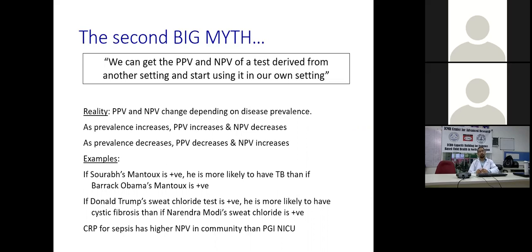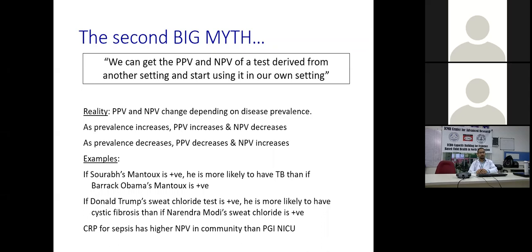If Donald Trump's sweat chloride is positive, he is more likely to have cystic fibrosis than if Narendra Modi's sweat chloride is positive. Why? Because cystic fibrosis prevalence is much more common in Caucasian populations than in India. So the result of the test has to be interpreted in the background of the prevalence of the disease in that population.